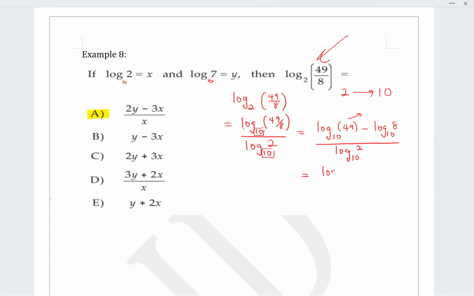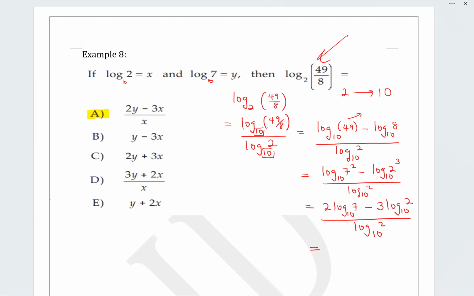You can write this as log to base 10 of 7 squared minus log to base 10 of 2 cubed, over log to base 10 of 2, right? Now, this is just 2 log to base 10 of 7 minus 3 log to base 10 of 2 over log to base 10 of 2.